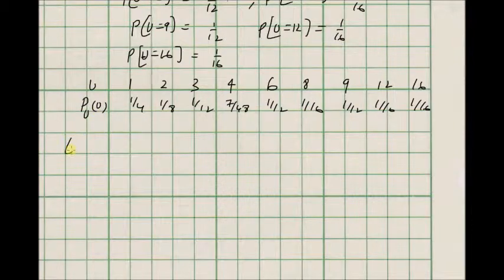So the expected value of U is the summation of U times the probability mass function of U. By inserting the values from this table, we can calculate that the correlation function is equal to 5.